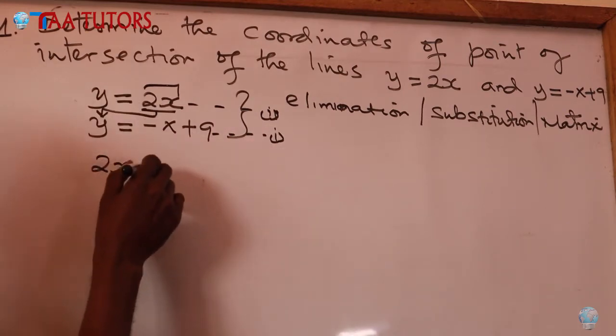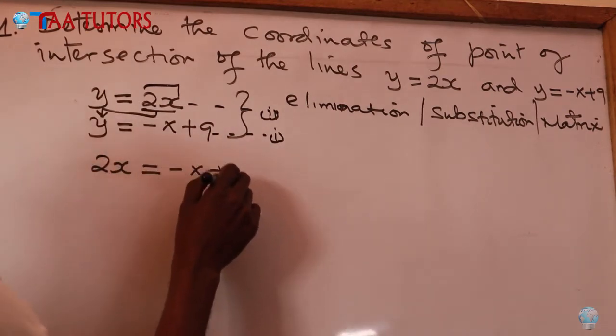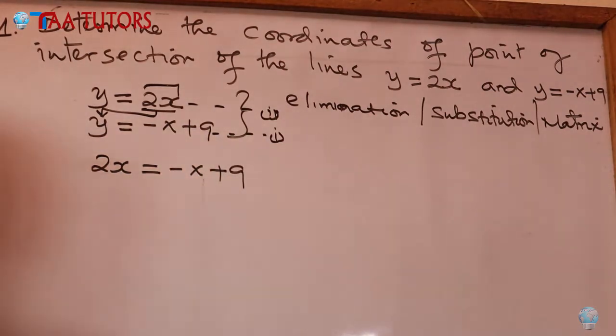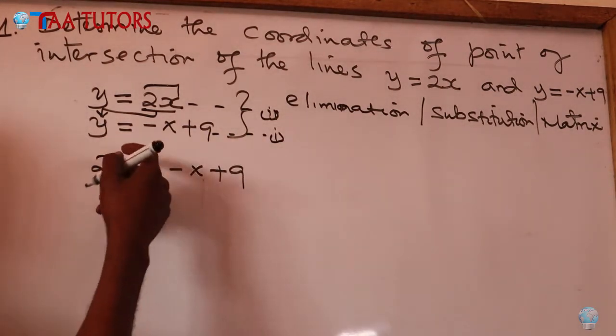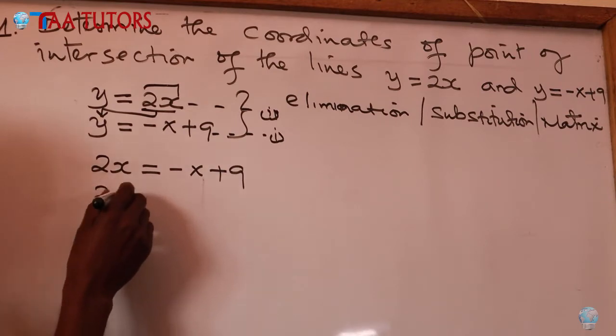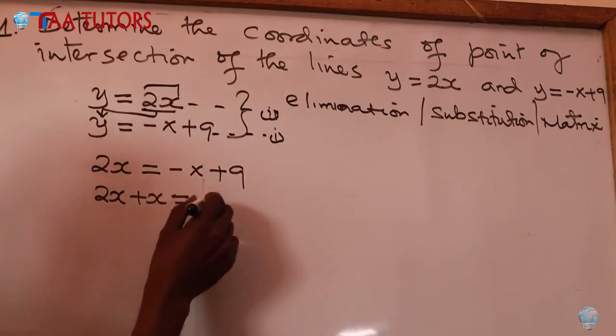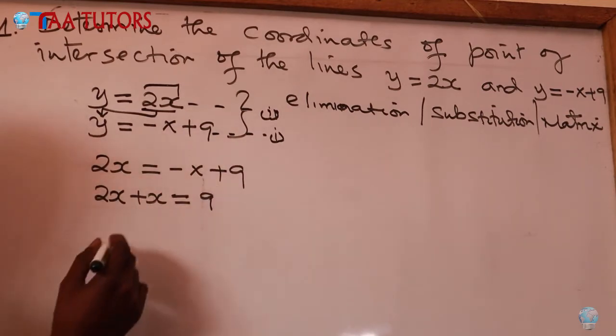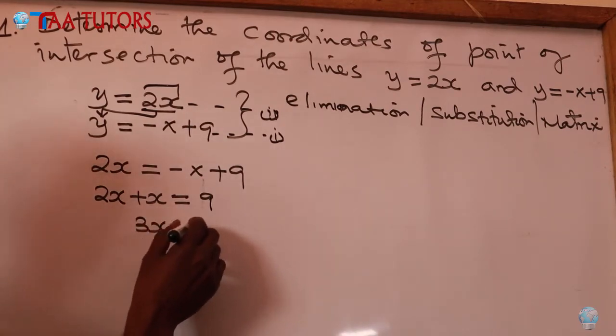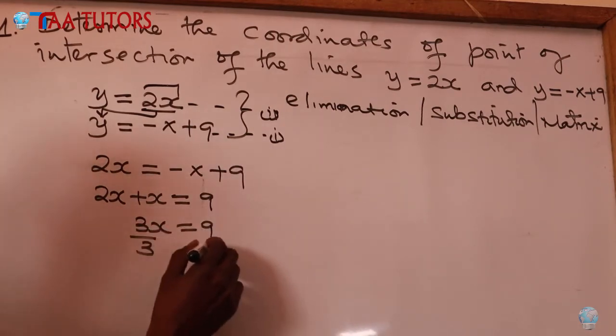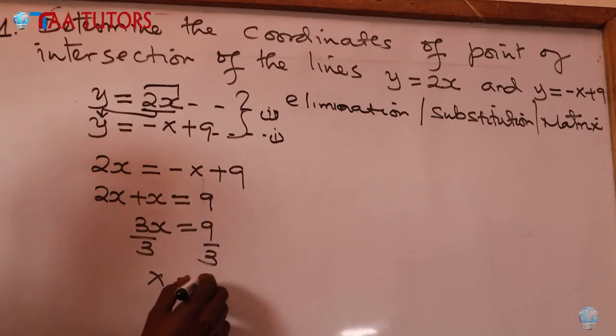I say 2x will be equal to negative x plus 9. Moving forward, I'll take x to the left, so that I have 2x plus x equals 9, and 2x plus x is 3x equals 9. Dividing both sides by 3, I get x equals 3.